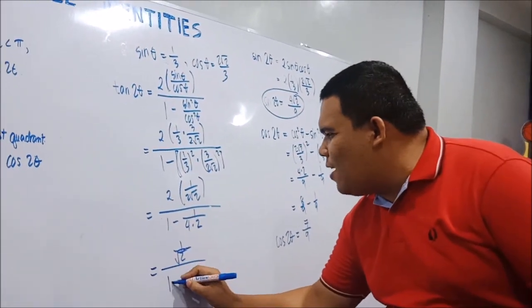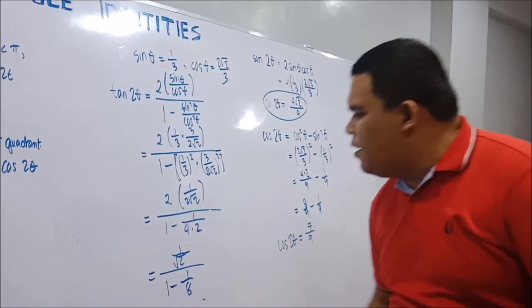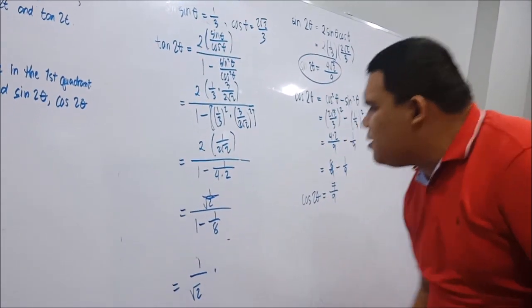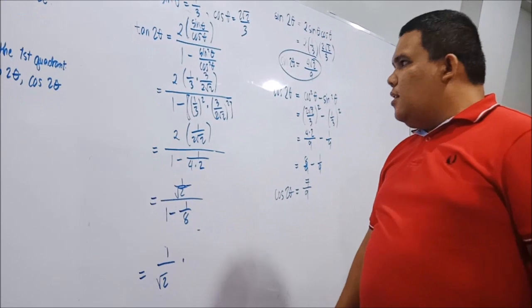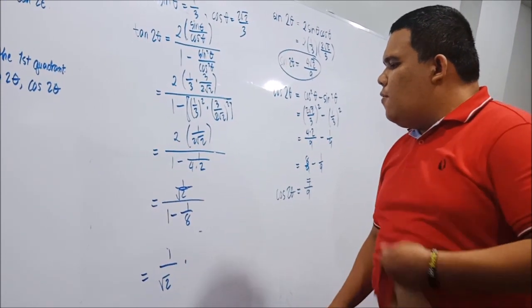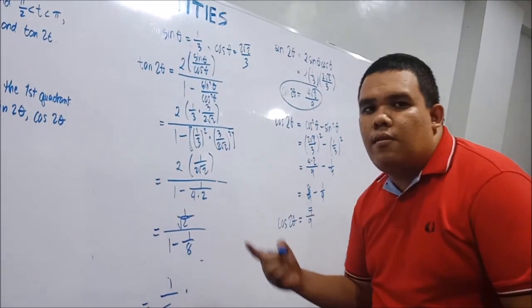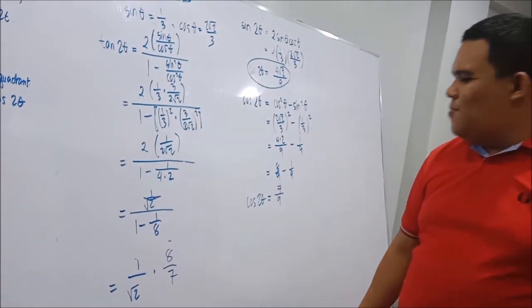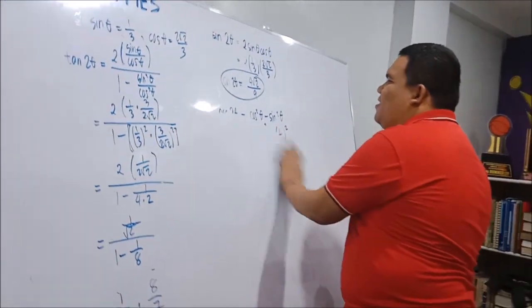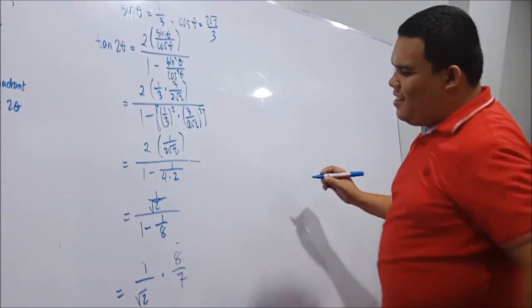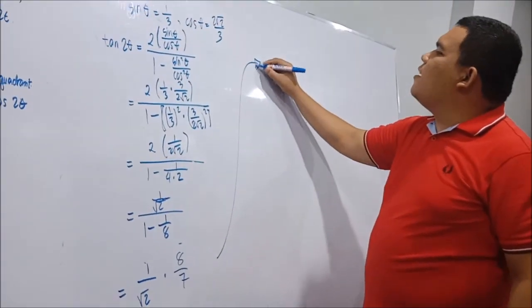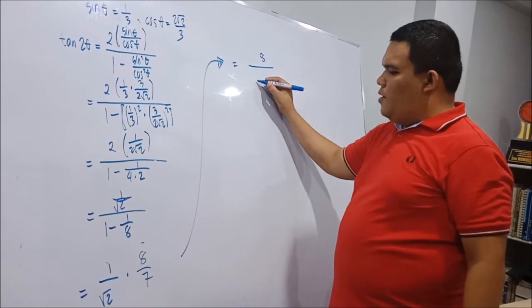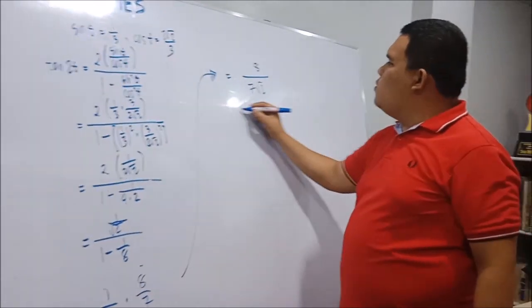For the denominator, we have 1 minus 1 over 8. So, this is just 1 over square root of 2 times 1 minus 1 over 8, which is equal to 7 over 8. 7 over 8, when we get its reciprocal, that is 8 over 7. To simplify this one, we can get 8 over 7 square root of 2.